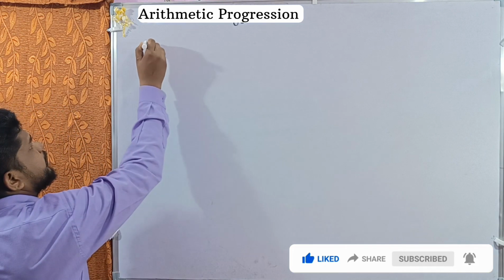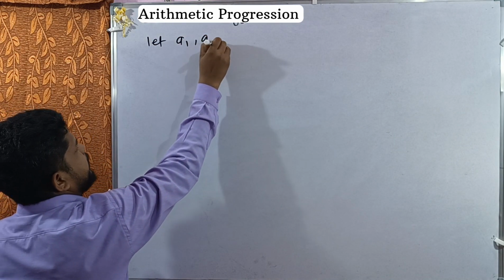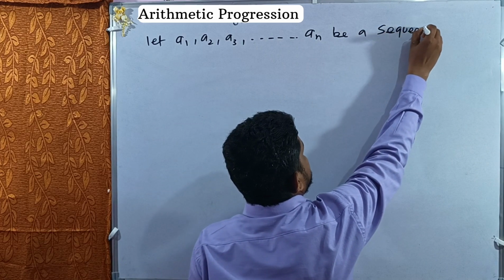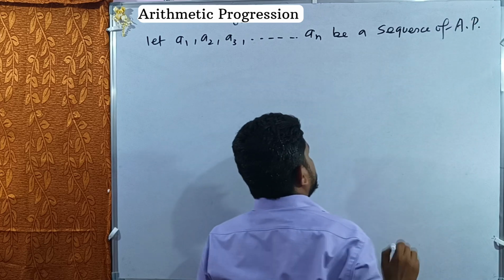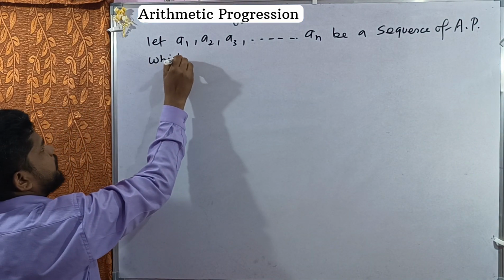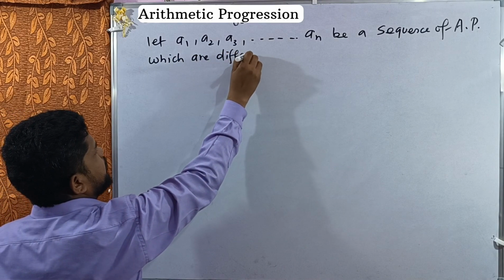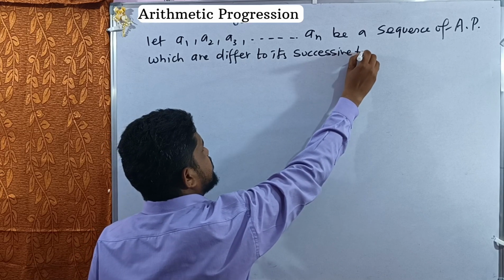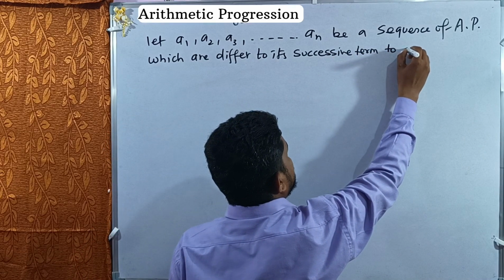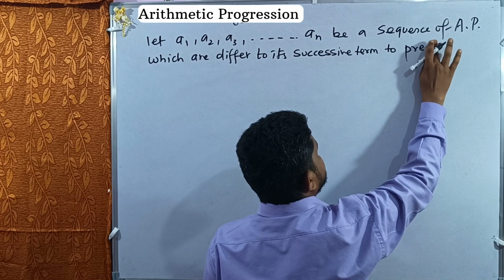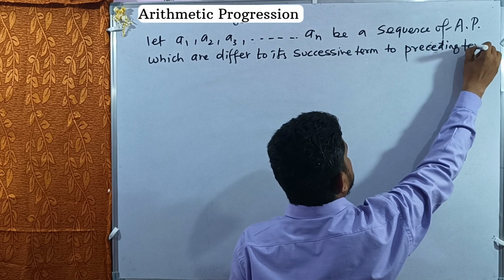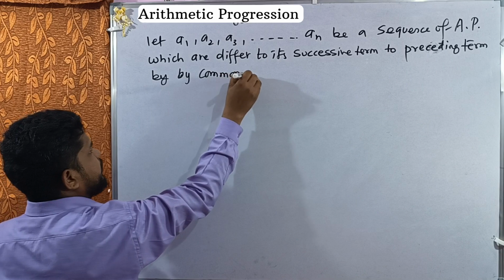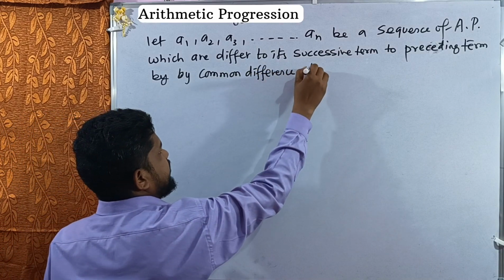Suppose, dear students, let A1, A2, A3, ..., AN be a sequence of arithmetic progression, in which each successive term differs from its preceding term by a common difference, say small d.